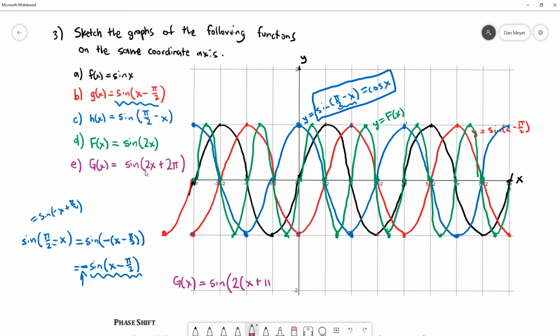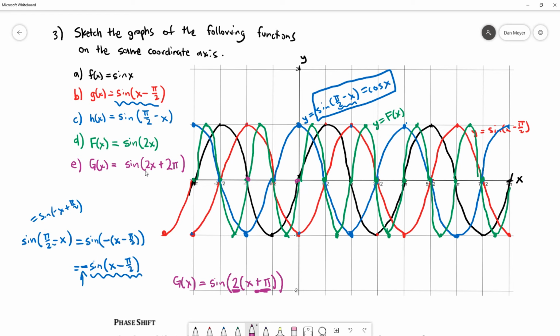What's really going on here is that I'm doing the horizontal compression by a factor of 2, and then, since it's a plus here, I'm shifting to the left pi. So I'm going to take this green graph, and shift all the points to the left pi.